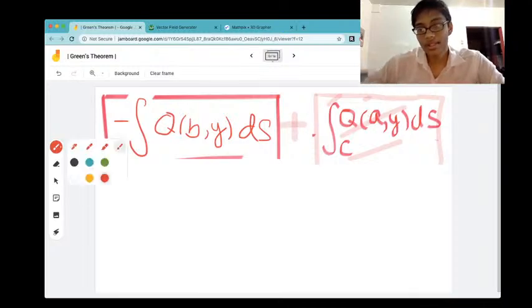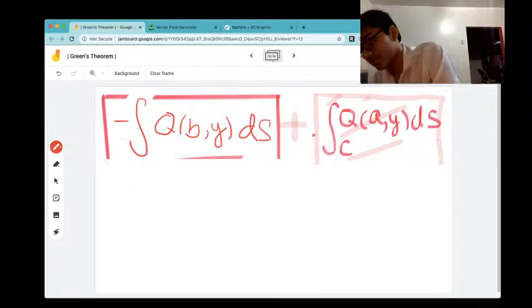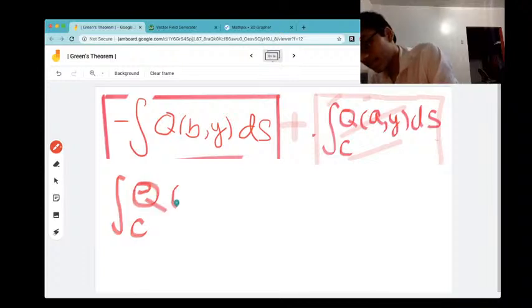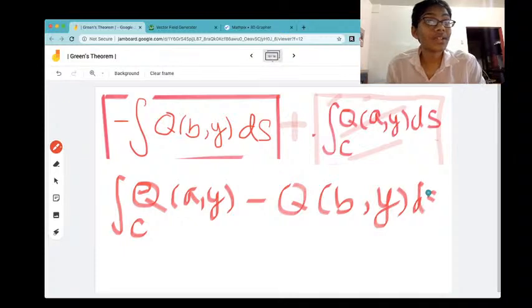So clearly something's gonna happen, right? This is gonna simplify to the integral on that curve. This is simply going to be q of a comma y minus q of b comma y ds.